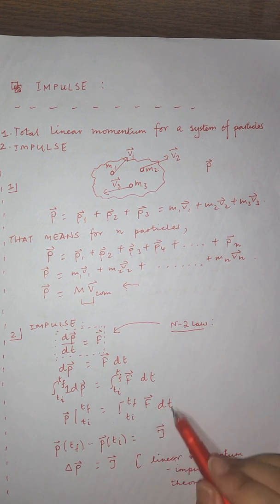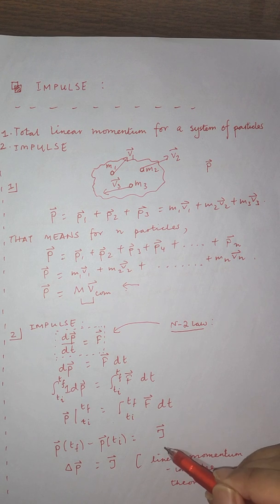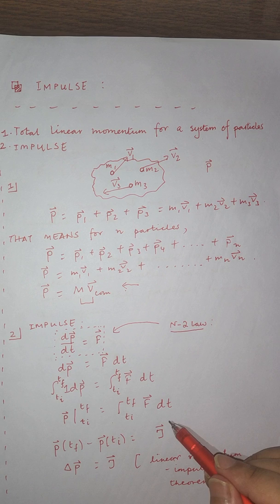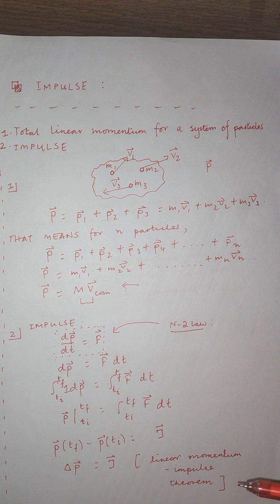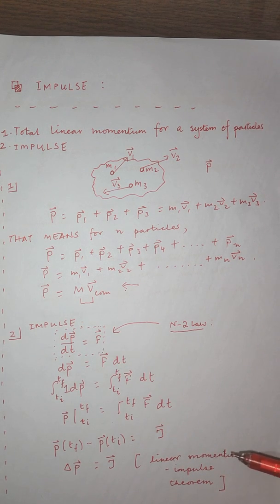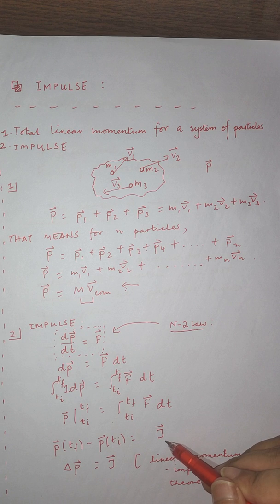Note that this integral is basically what we call the impulse. So this integral is known as impulse, and it is indicated by capital J. Impulse is a vector quantity, and that's the reason we have this overhead arrow over this capital J.